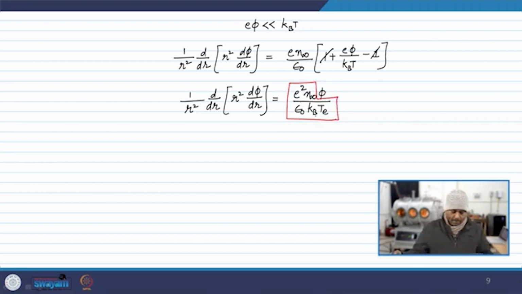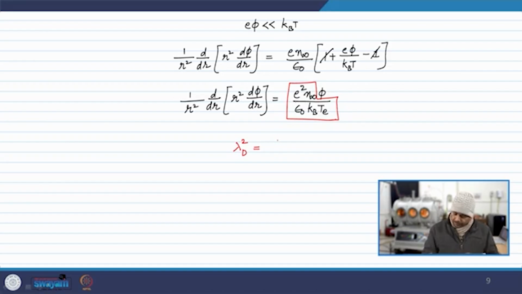Let us call this constant something. If you derive the dimension of this, you will realize that it will be something like 1 by length squared. We just make some substitution, that is it.